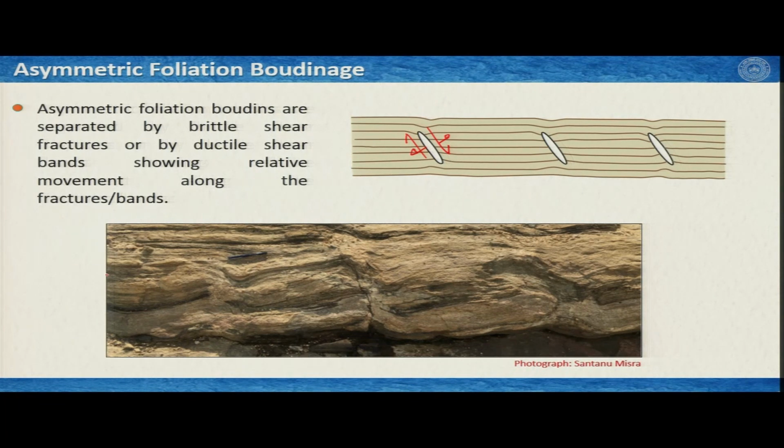So, we can imagine that this is a packet, then this is another packet defining the Boudin, this is another packet which is defining a Boudin, and you can clearly see that there is a relative displacement along the neck zone or fracture zone of the Boudins, and therefore, this is asymmetric foliation boudinage.